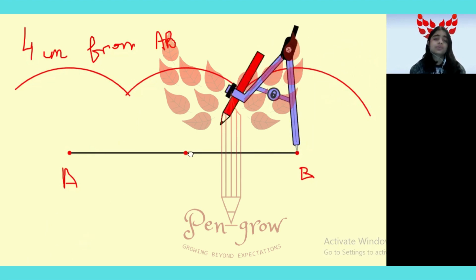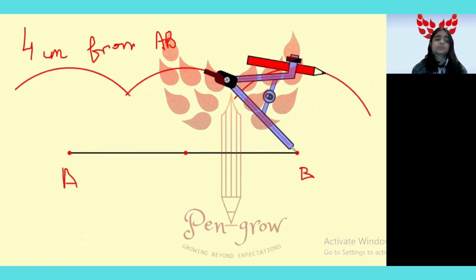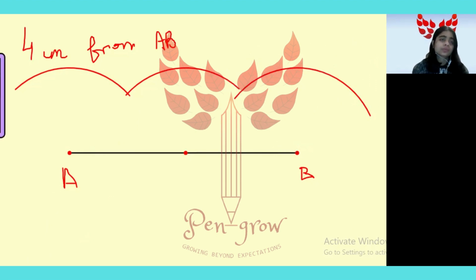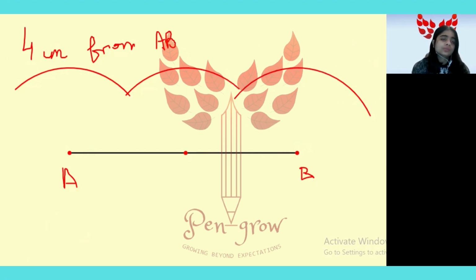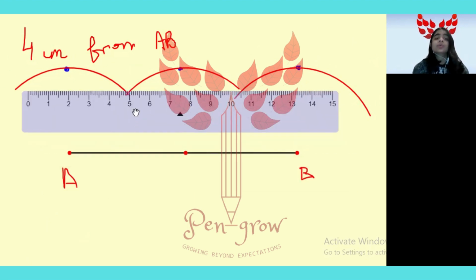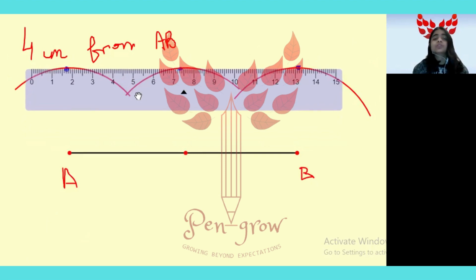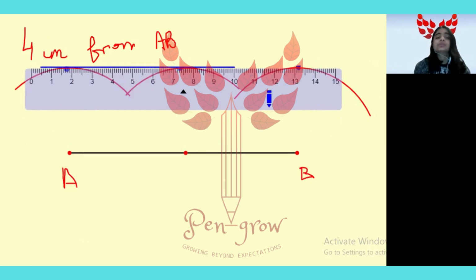And then what do you do? You take the 3 points, the top part of the arc, and that's exactly where you need to make the line. If you see, all these 3 parts are the same, and this is where your line will be.